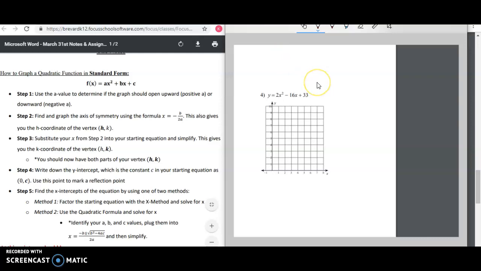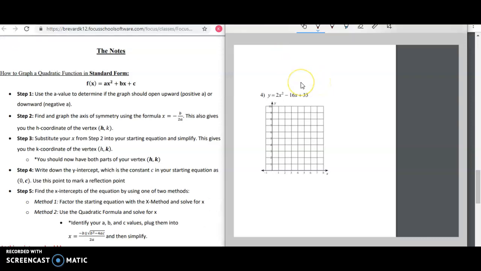Step 1 says use the A value to determine if the graph should open up or down. So remember, whenever we have a standard form equation, it always goes in order of A, B, C. So I like to first identify what my A, B, and C are to help me with this.